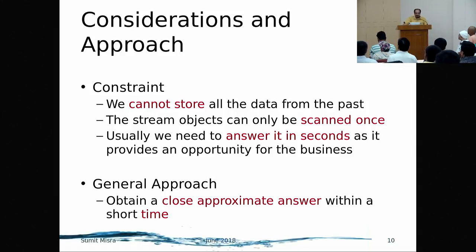Usually we need to answer it in seconds. When the query comes, we want to answer it in seconds, or almost in real time, when Google gives you that option. But the general approach is an approximate answer will do. You need not give an exact answer. That's a blessing that you have for this.